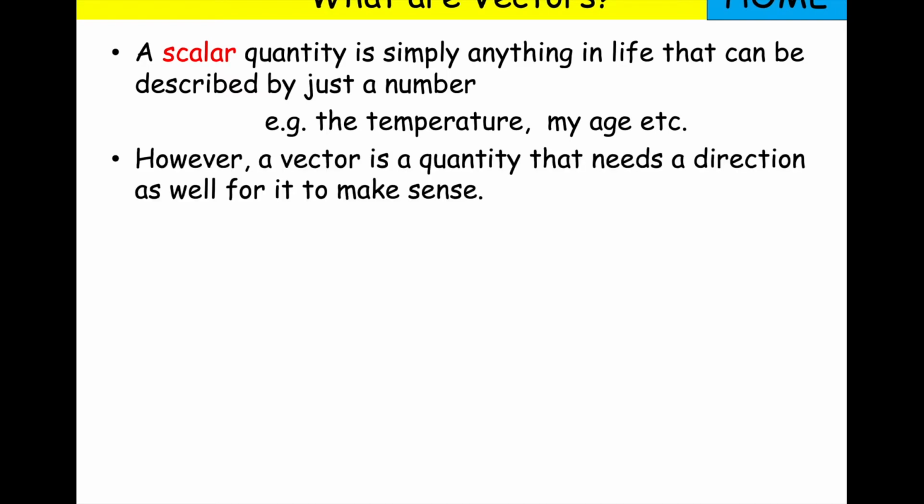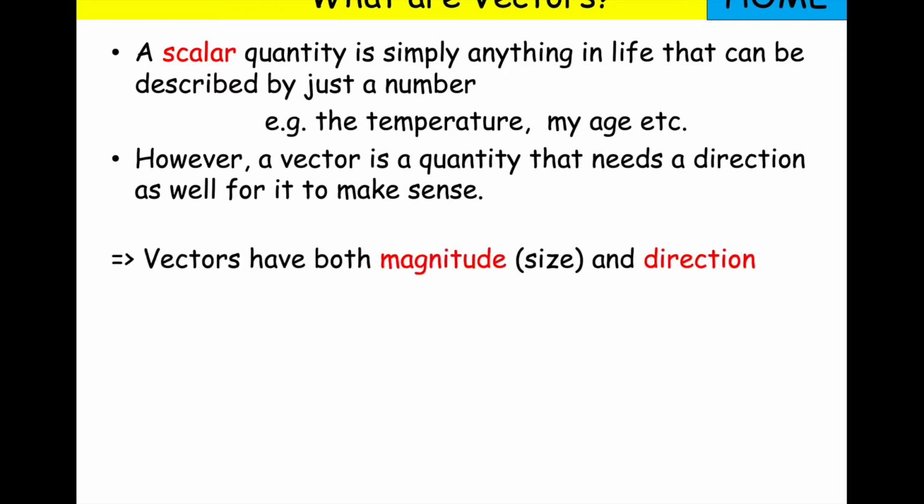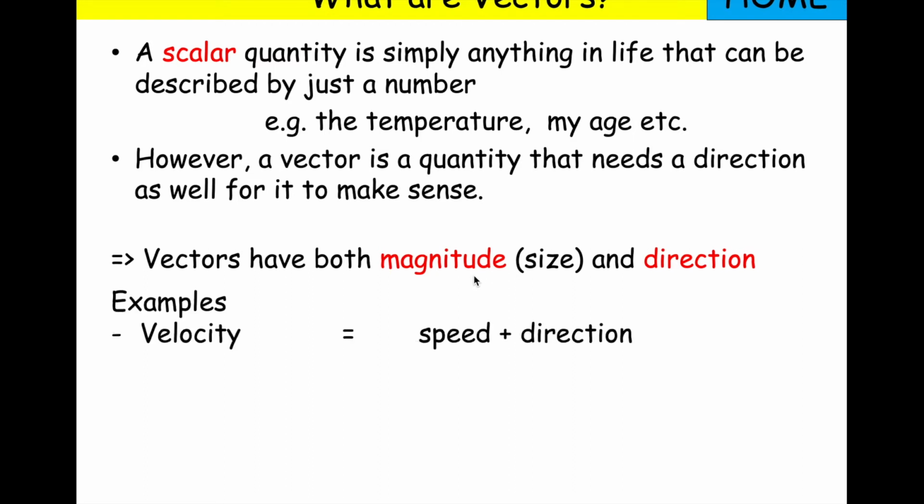The second one is a vector. A vector needs a direction for it to make sense. So a vector needs direction. It has both the size or magnitude and direction. For example, velocity.